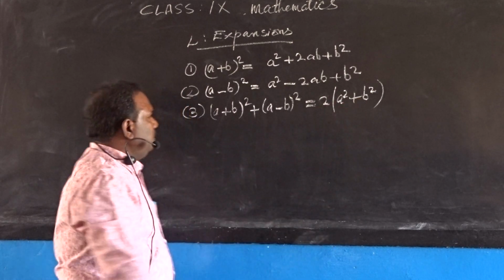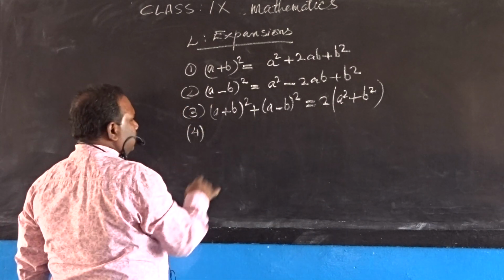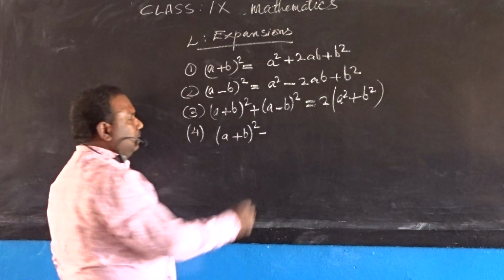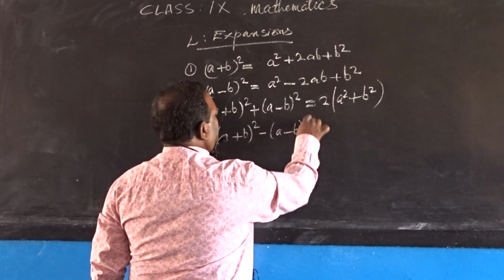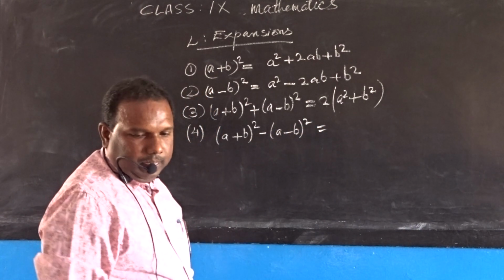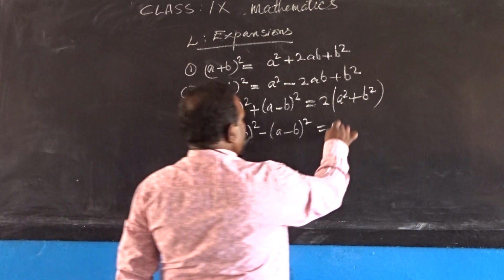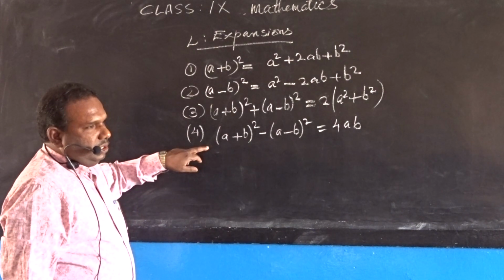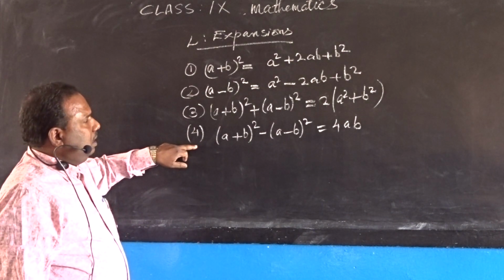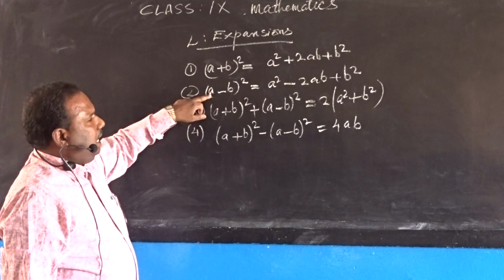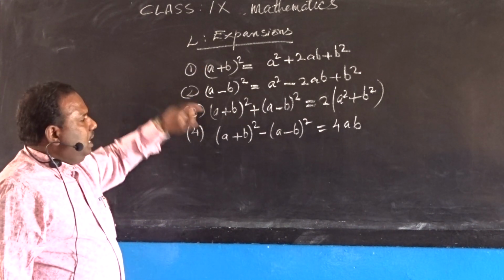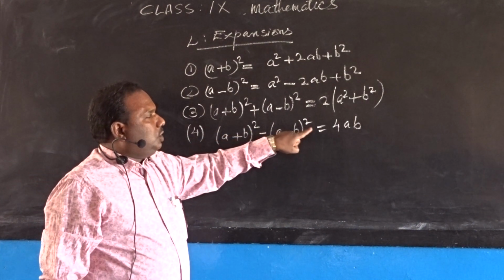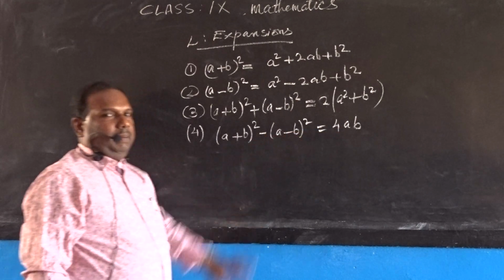So we get (a plus b) all square plus (a minus b) all square is equal to 2 into (a square plus b square). And the fourth formula is (a plus b) all square minus (a minus b) all square is equal to 4ab.